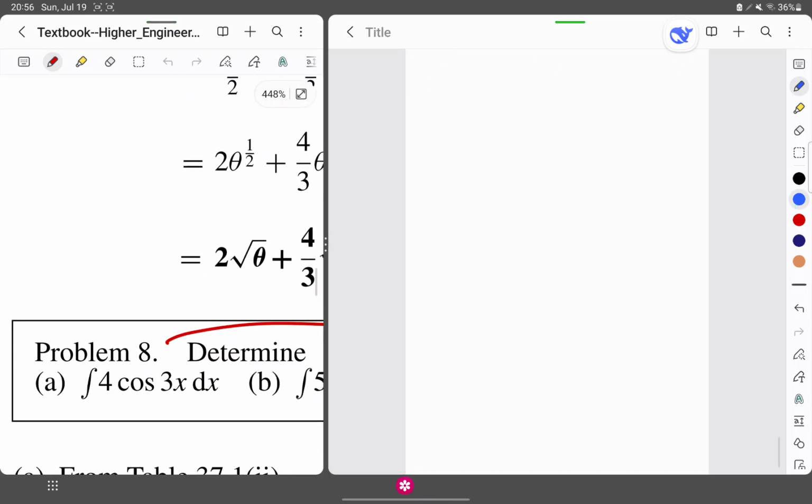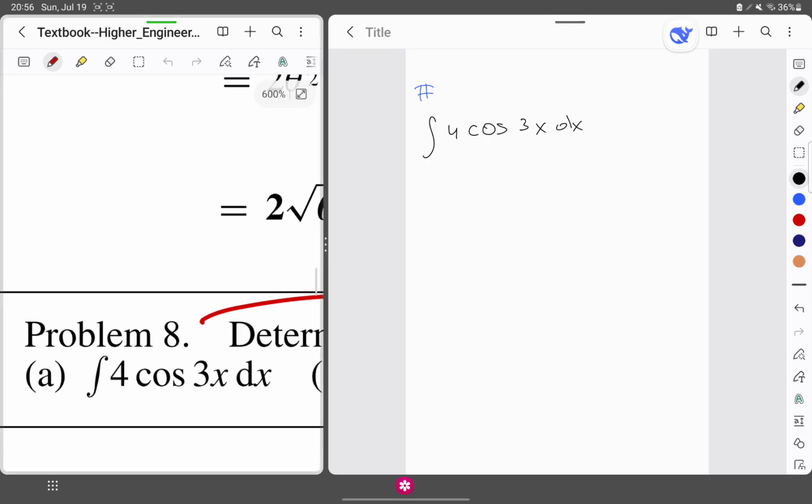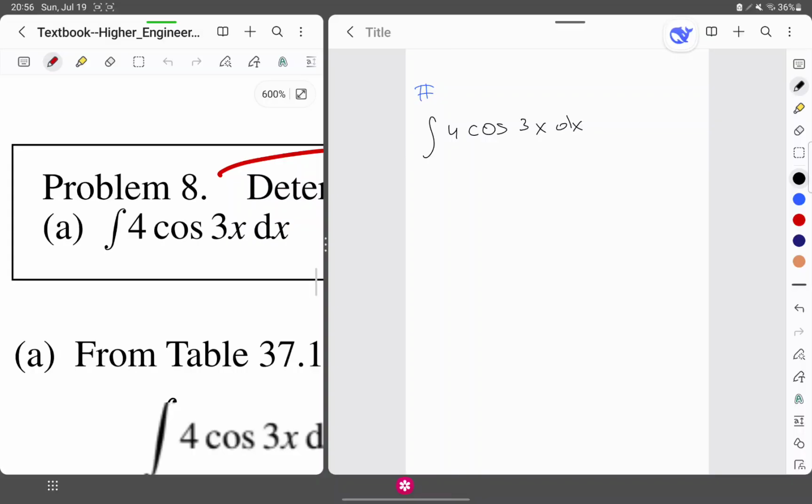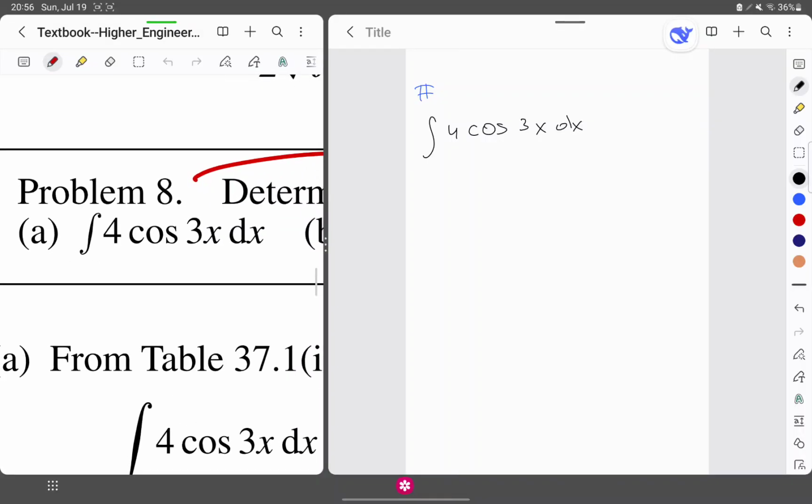Problem 8. Let's try to solve some problems. So the integral of 4 cosine 3x dx. That is our constant, so we can write this as 4 times the integral of cosine 3x dx.